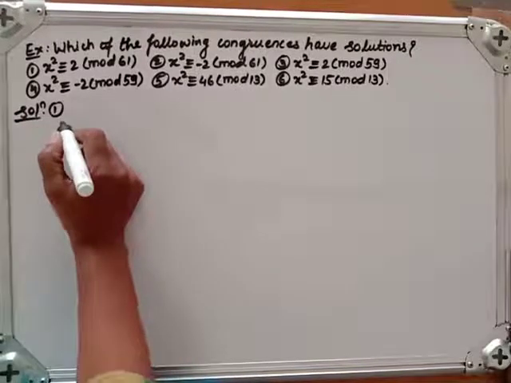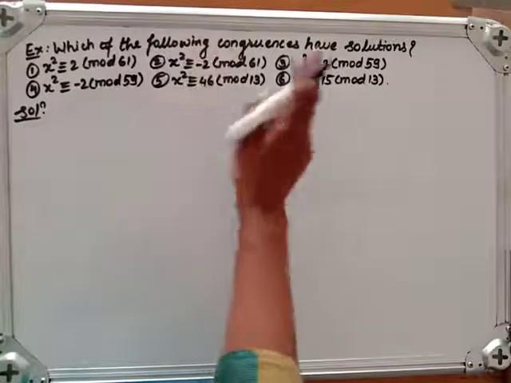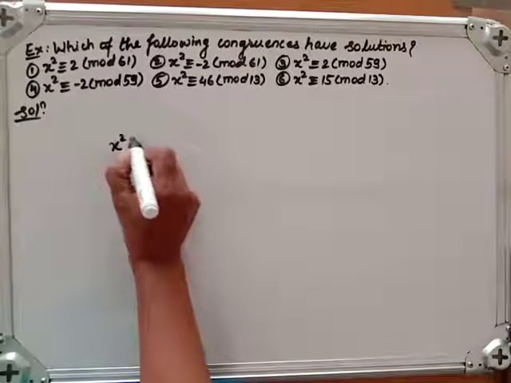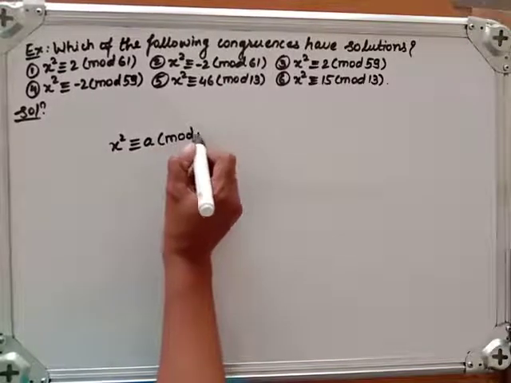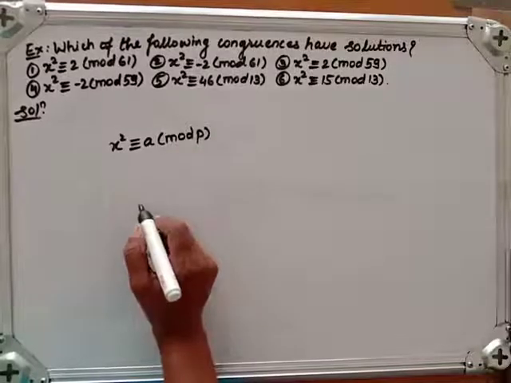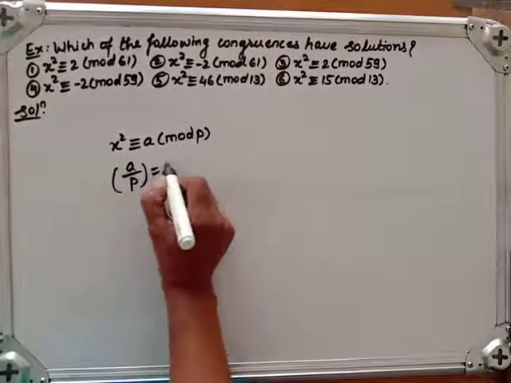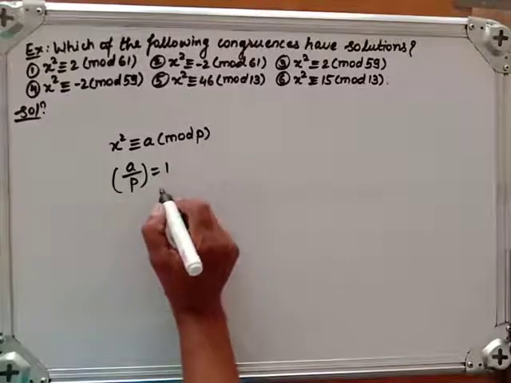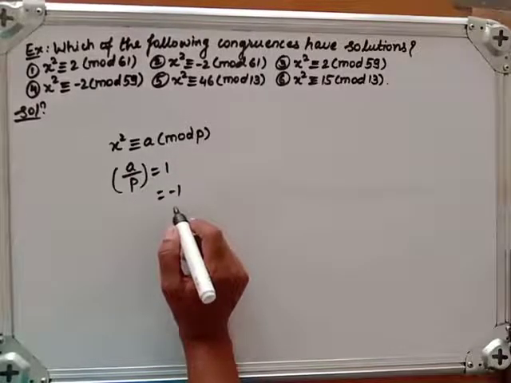So first one. Before going towards the first, what we have to do? We have to check whether the congruence has a solution or not. If you look carefully, it is of the form x squared congruent to a modulo p. That will be nothing but a quadratic residue. If the Legendre symbol has the value 1, then a is a quadratic residue of p, and if it has the value minus 1, then it is not a quadratic residue of p.